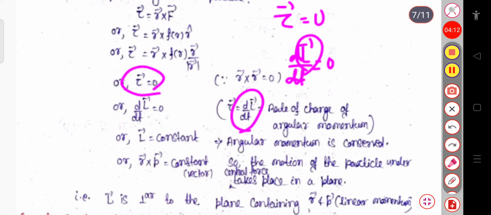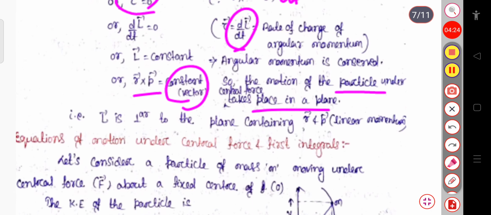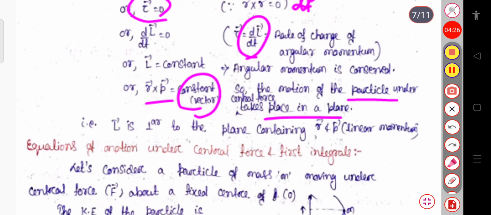Or we can write L equal to r cross p equal to constant, here a constant vector. So the motion of the particle under the central force takes place in a plane. That is, the L vector is perpendicular to the plane containing r and p, where p represents the linear momentum.